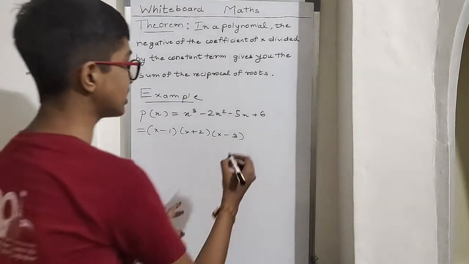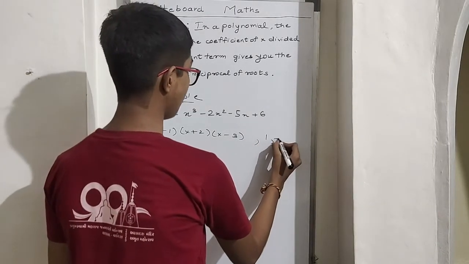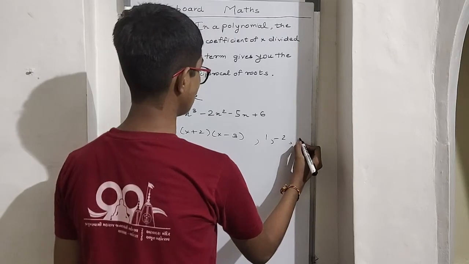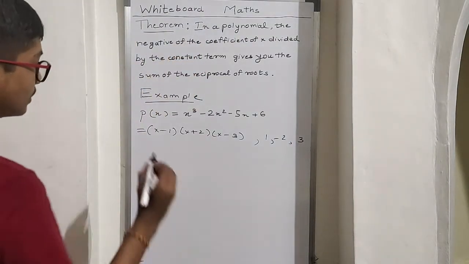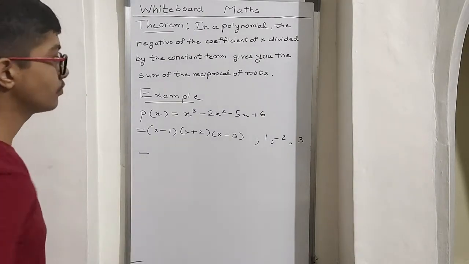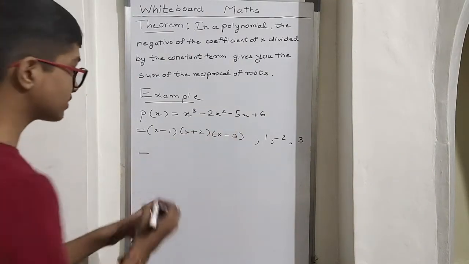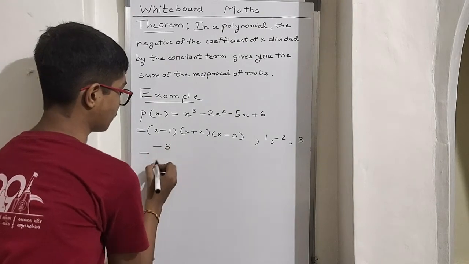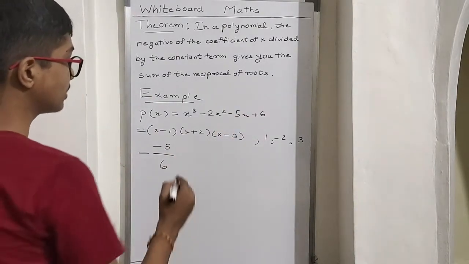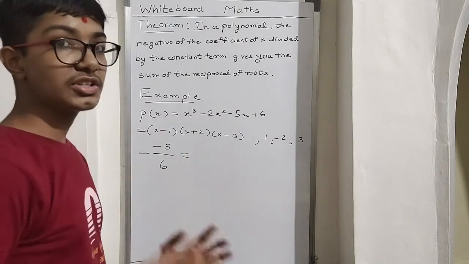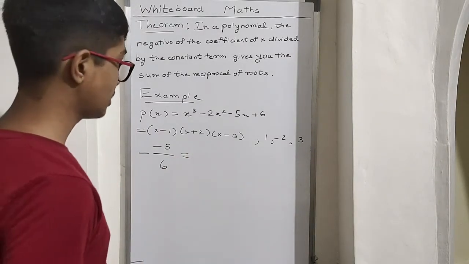Here the roots are 1, minus 2 and 3. According to the theorem, the negative of the coefficient of x divided by the constant term gives you the sum of the reciprocals of the roots.